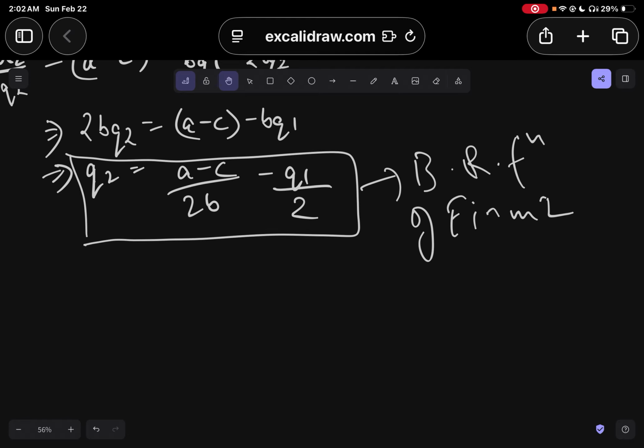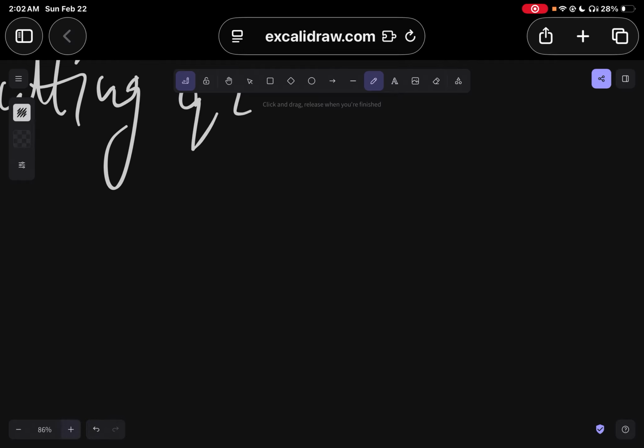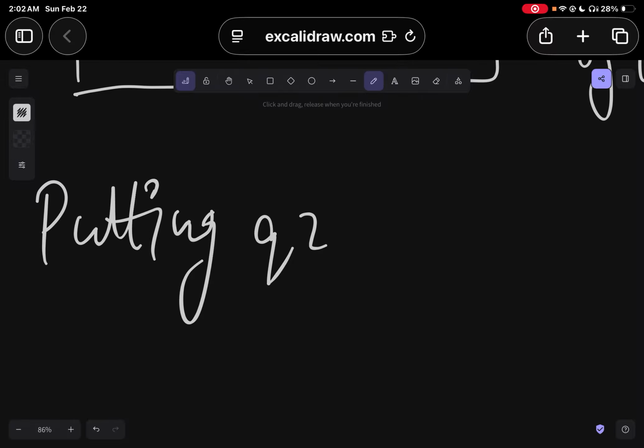And now we'll get to putting Q2 from the best response function of firm 2 into the best response function of firm 1. I think I should zoom it a bit.